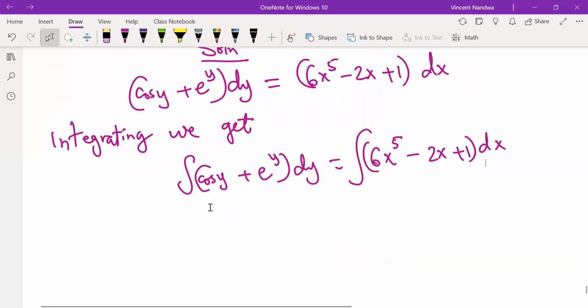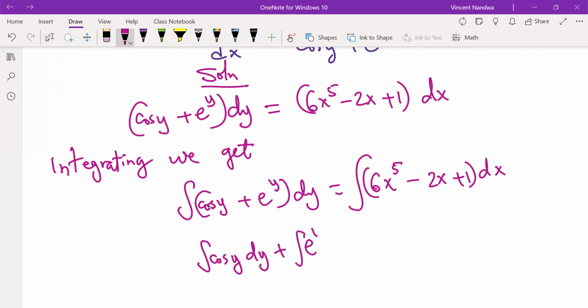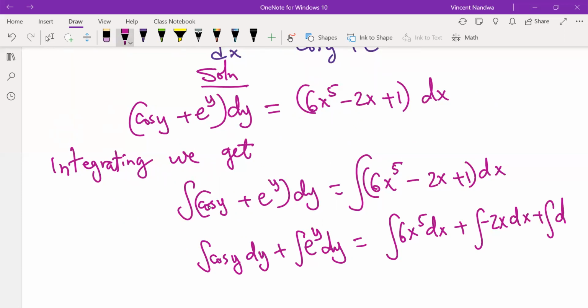Now, the integration operator is linear, so we can apply the integral to each of the terms. So the integral of cos y dy, the integral of e to the power y dy, the integral of 6x to the power 5 dx, plus the integral of minus 2x dx, plus the integral of dx.